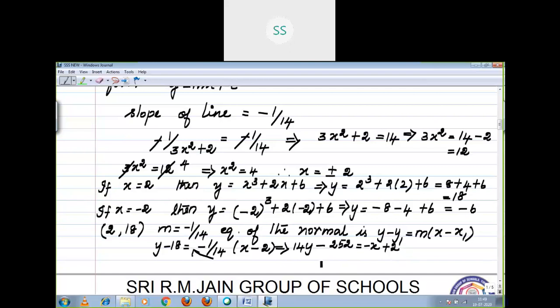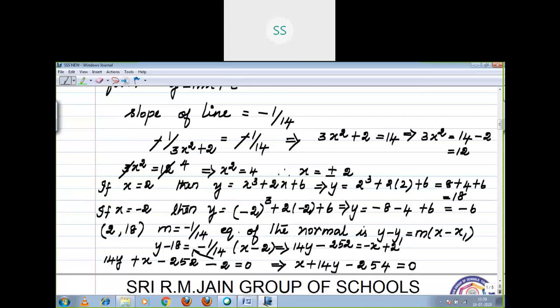Now we are going to simplify, right? 14y plus x minus 252 minus 2 equal to 0, which implies x plus 14y, you have to add, both are negative, so minus 254 equal to 0, right?